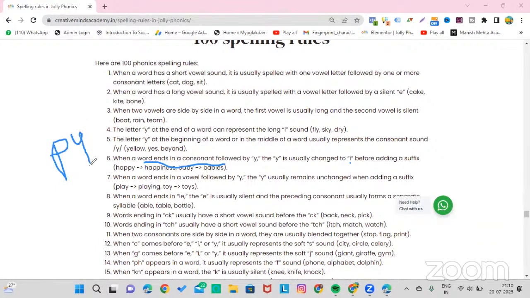And then if you have to add any suffix, then this Y is removed and I comes. It is only when you have a consonant, like in the word baby, B is a consonant. In happy, P is a consonant. So consonant Y plus suffix, then Y will be taken and I will come.